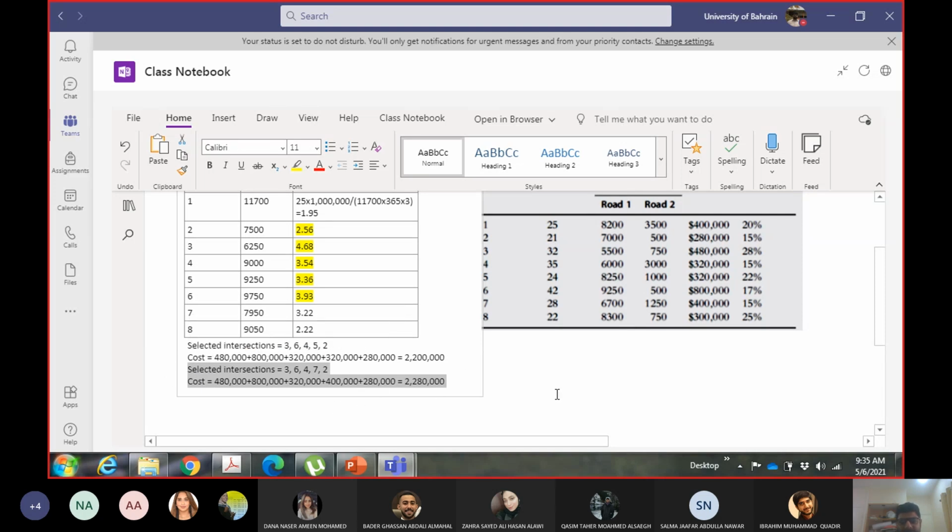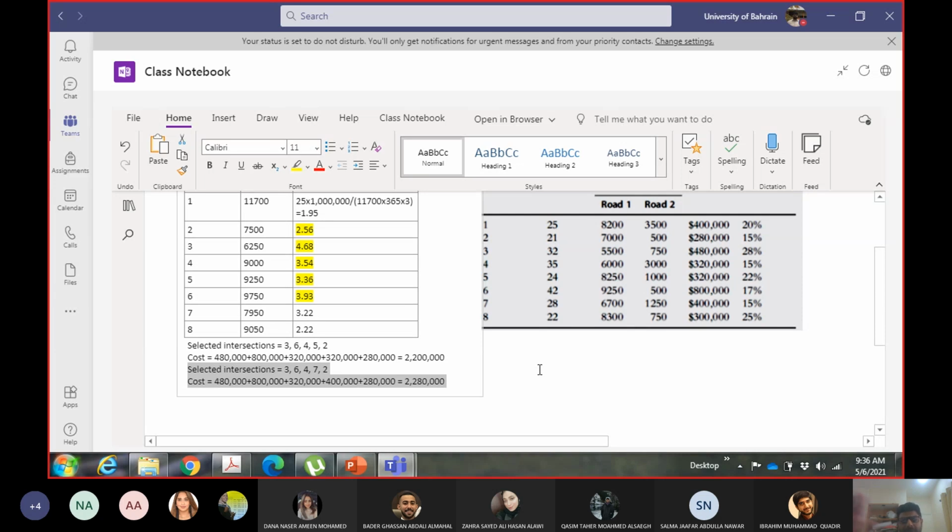Select the intersections, like you start selecting from the top, and whichever intersection is giving you the cost above the budget, you take that out and go for the next one. This is one approach which is taken in the book. So in the second one, you select 3, then 6, then 4, then 7, and then 5. 5 was giving you the value more than the cost.